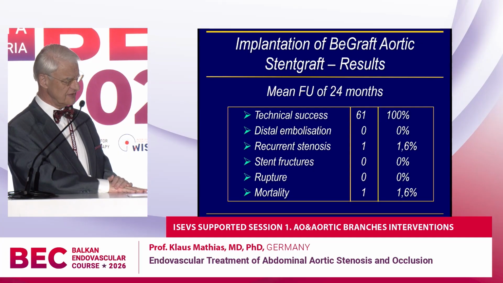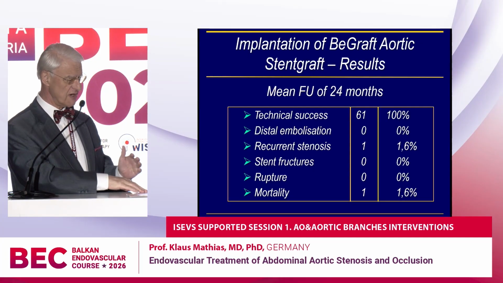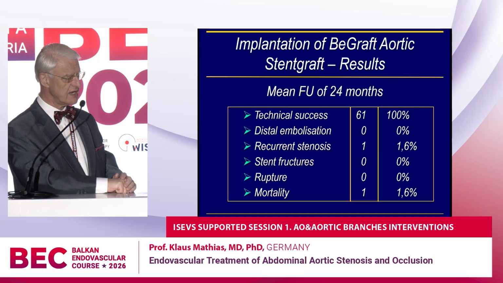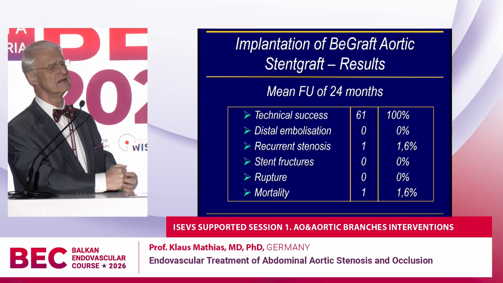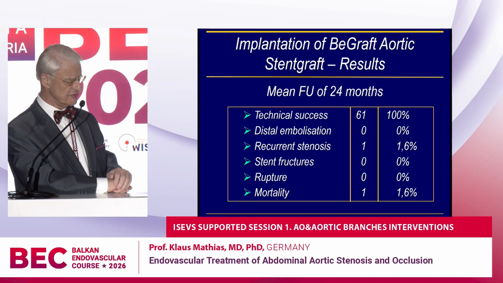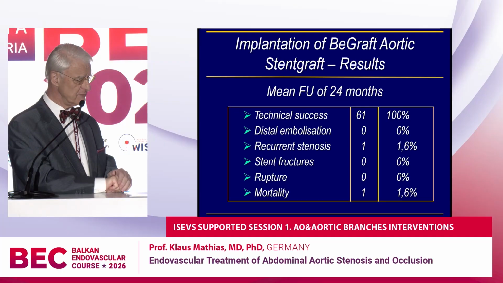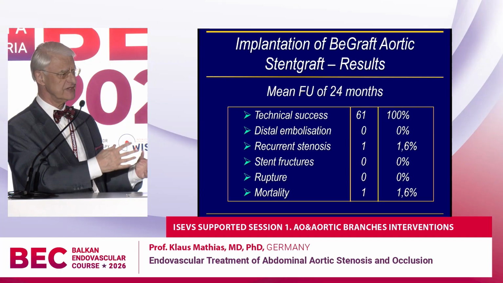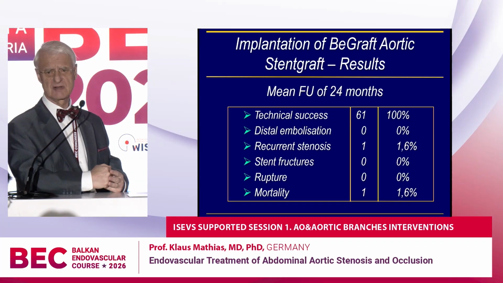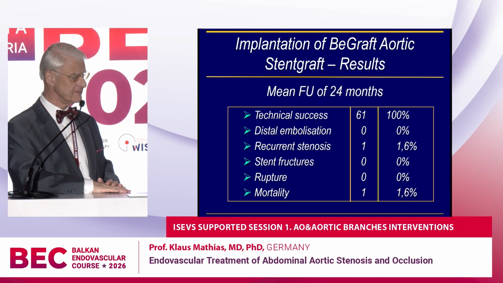Technical success rate is high. We are lucky we had no distal embolization. Recurrent stenosis in one patient, where we did a second intervention to remove the stenosis. No stent fractures, no aortic rupture. One patient died, but not due to the intervention, but due to coronary artery disease.